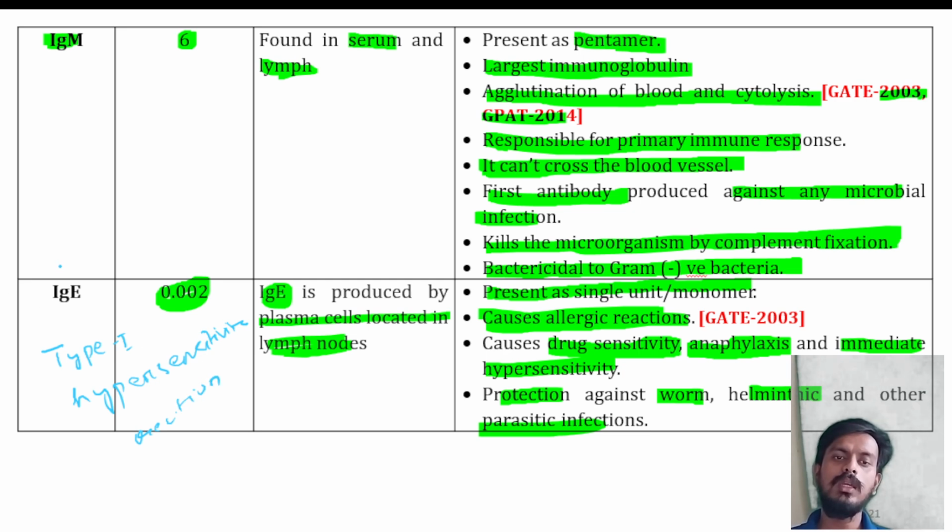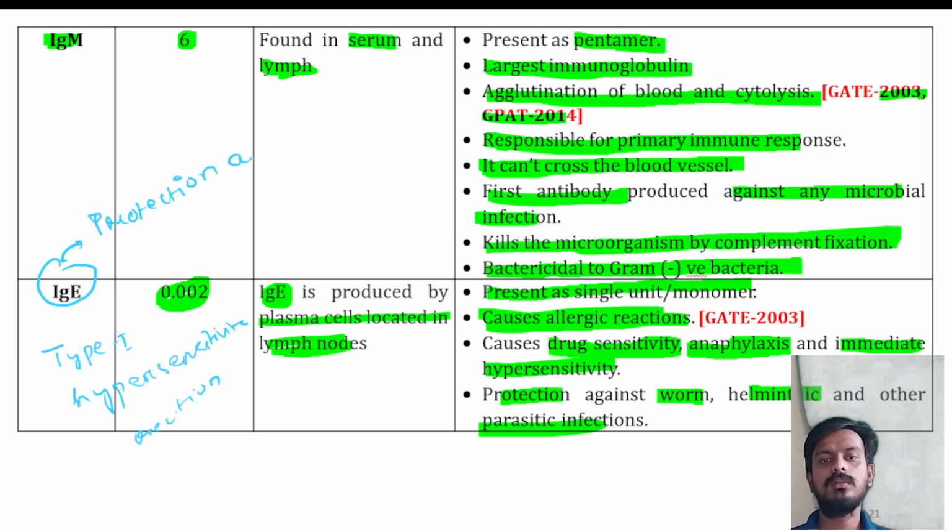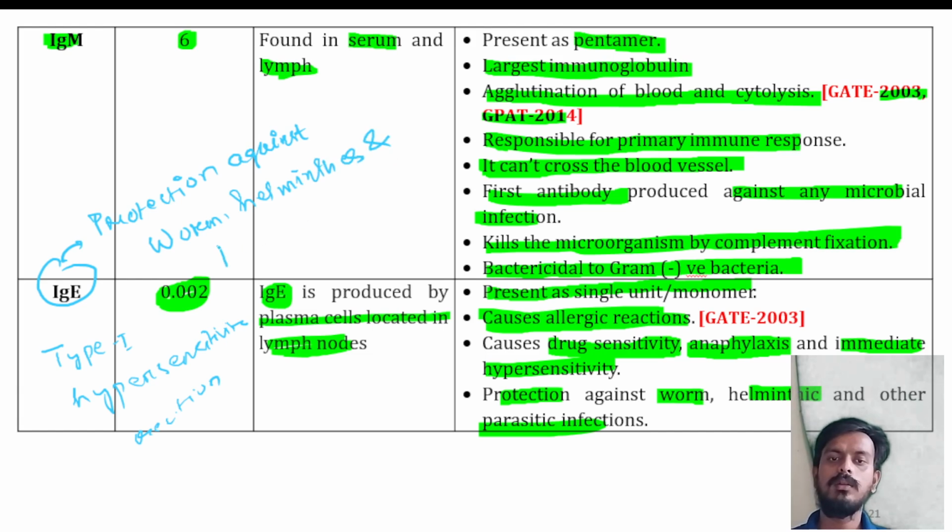Sometimes IgE also provides protection against worms, helminths, and other types of parasitic infections.